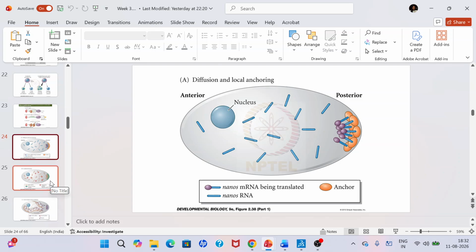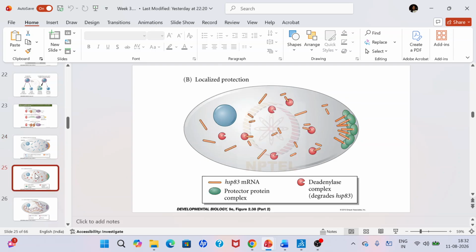This all you will study when we study in detail about Drosophila, how in Drosophila differential gene expression works. You will see each and every detail about nanos, about bicoid, about every kind of these genes you will study in Drosophila. So again, this is as I told you in the earlier example, the localized protection by whether the mRNA is present in the anterior portion or posterior portion. So if the expression is important for that region, then only that mRNA will be expressed.